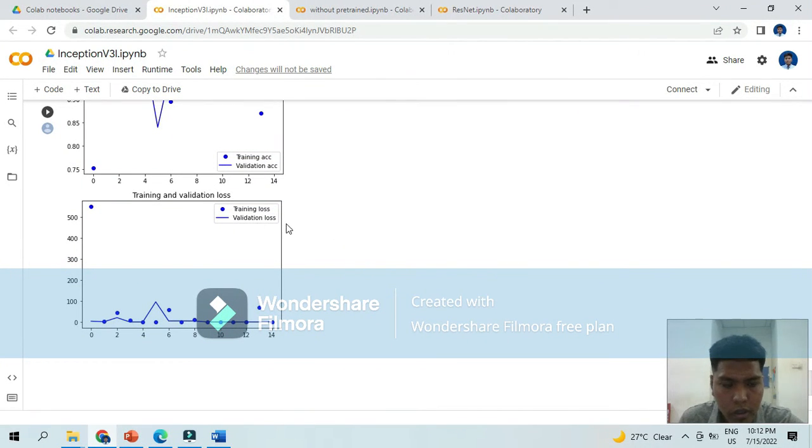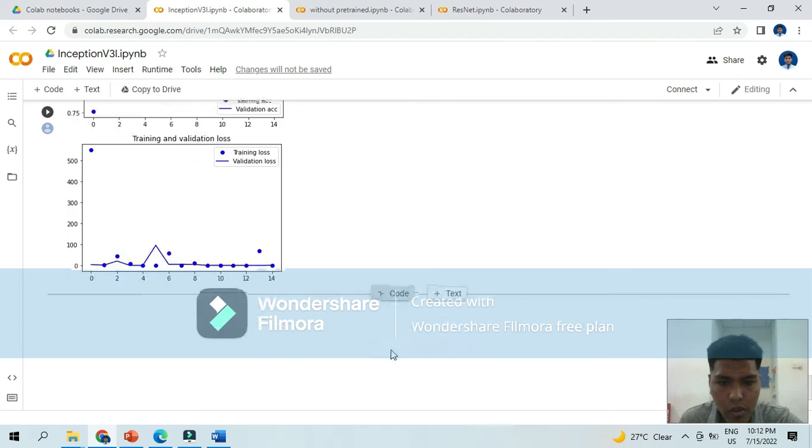Okay, we can see figure 6. This is the graph of the training and validation loss. Most of the values are 0, which means the loss is low.